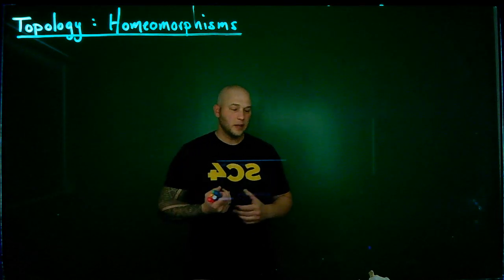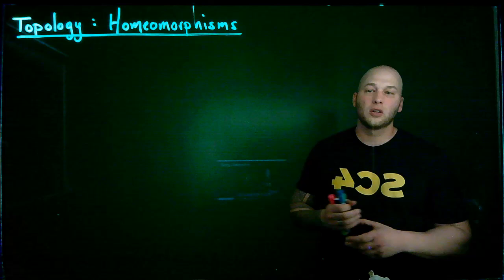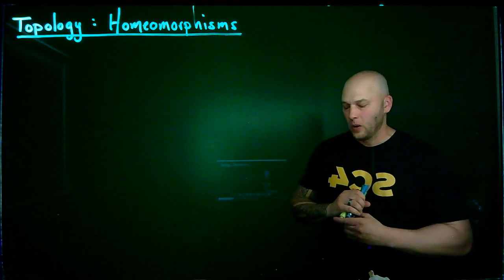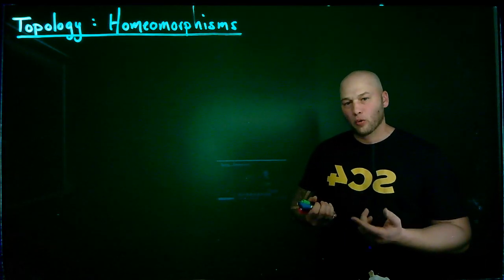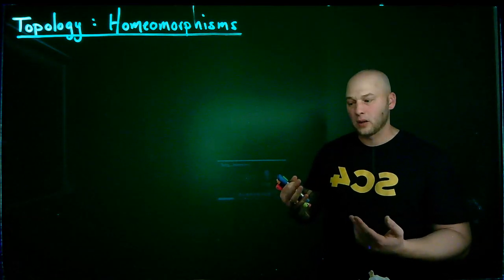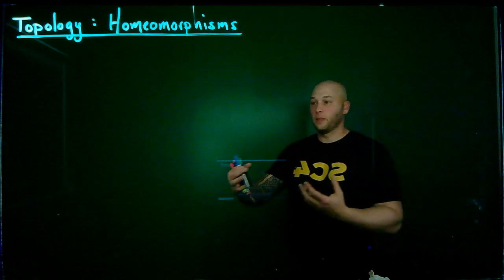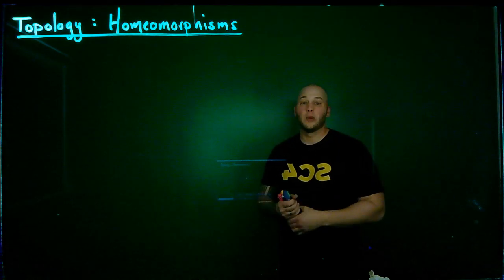I want to take a look at the concept of homeomorphisms that you'll discuss in your topology course. Now, homeomorphisms play the role of, say, isomorphisms in a group theory course, where I can show that two different structures are equivalent. Maybe they're basically just a difference of relabeling things.